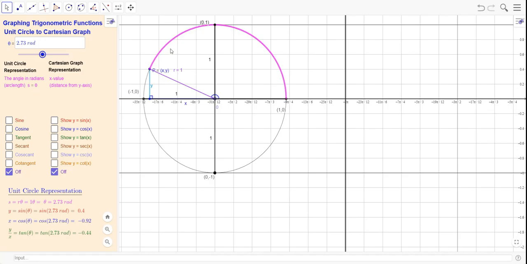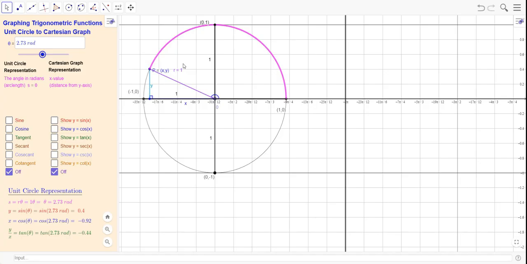And then we can do the trig functions based on any point except for the vertex on this terminal ray. And we get an x and y and an r coordinate, r being the distance from the origin. And we can define the functions, for example, as sine is y over r, cosine is x over r, tangent is y over x, secant is r over x, cosecant is r over y, and cotangent is x over y.